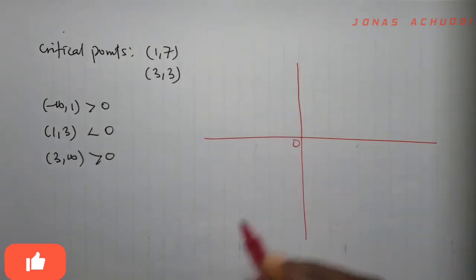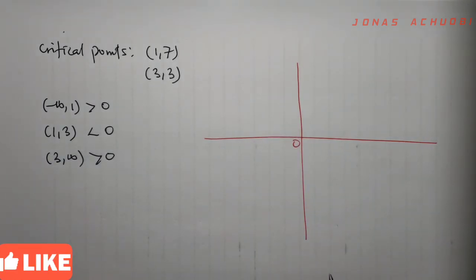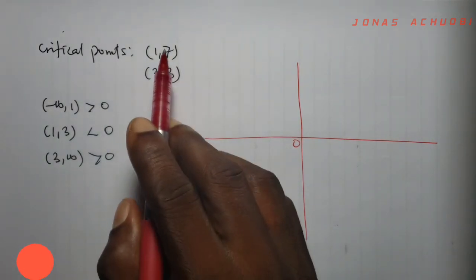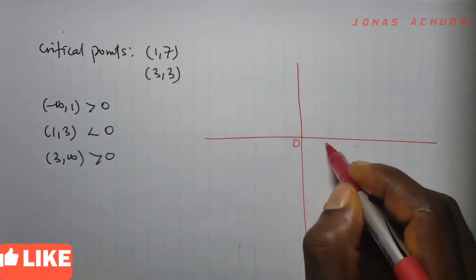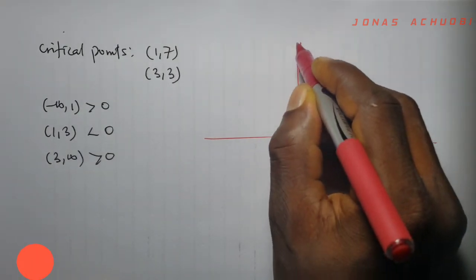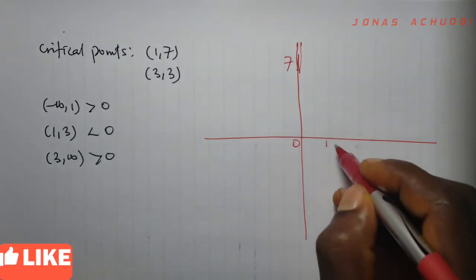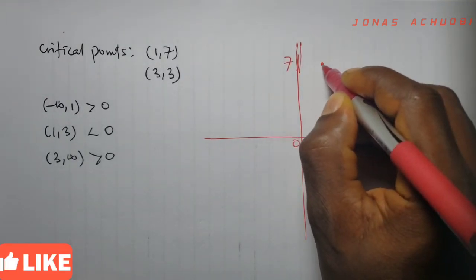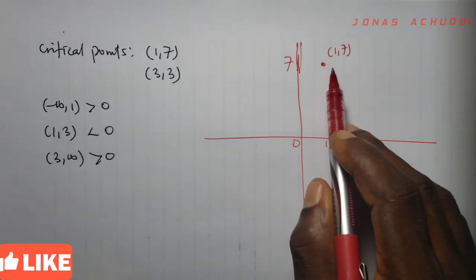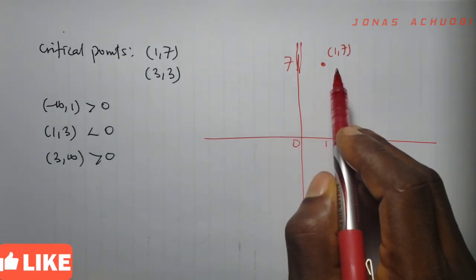So this is our x-axis, our 0 point. So the first thing we fit in are the critical points. So the first one is 1, 7. So 1 is somewhere here. Let's assume 7 is somewhere here. So we have here 1, 7. So that's the first critical point.